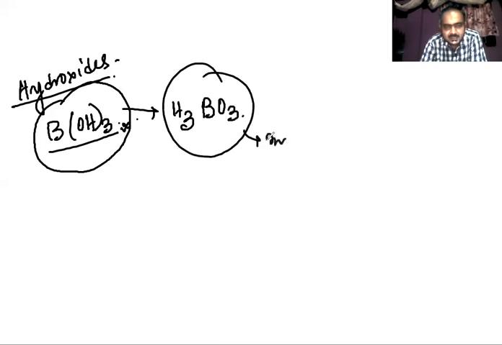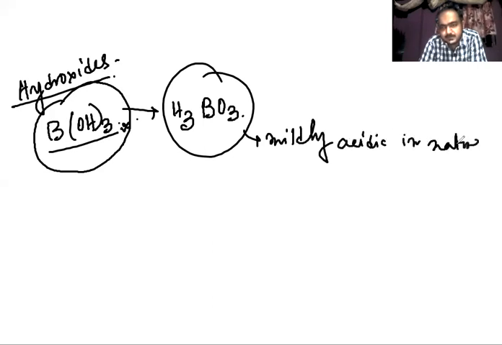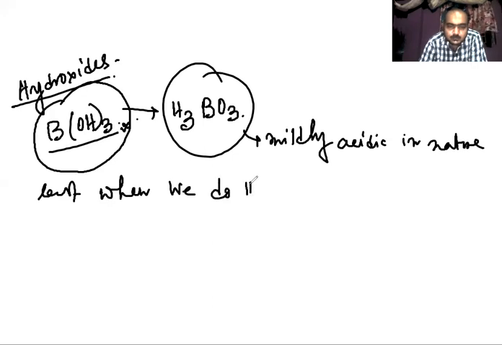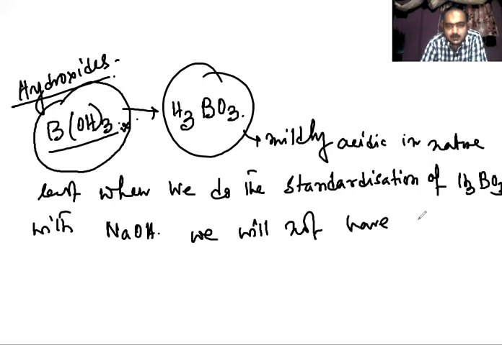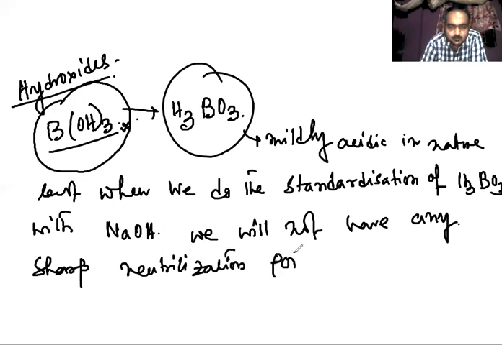It is mildly acidic in nature, but when we do the standardization of H3BO3 with NaOH, we will not have any sharp neutralization point because this is mildly acidic.